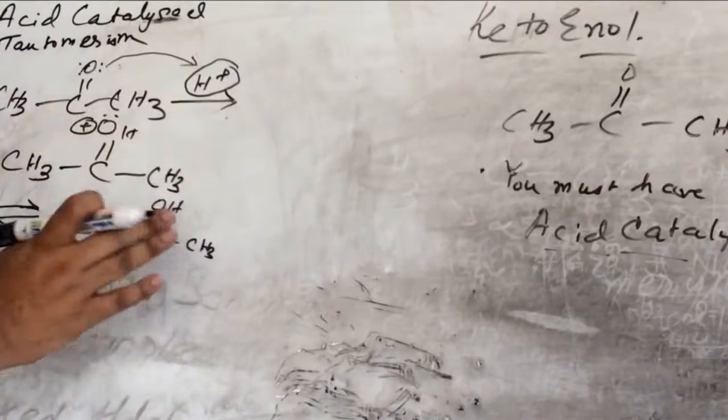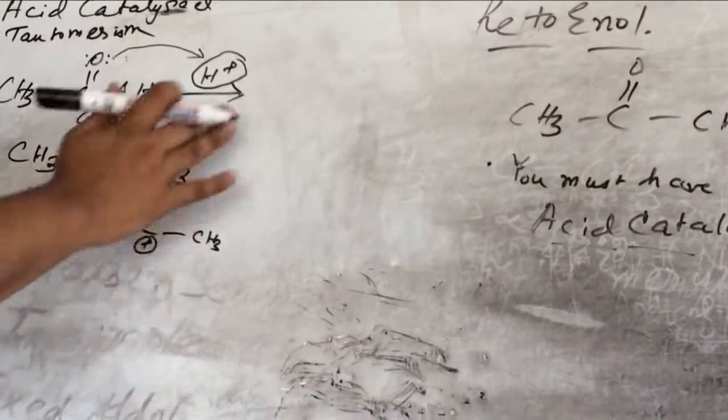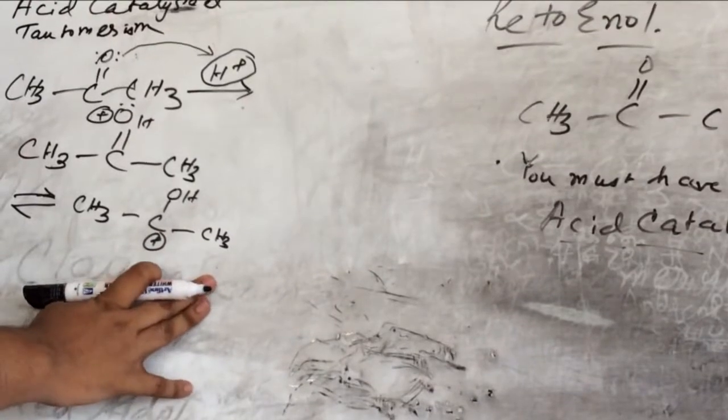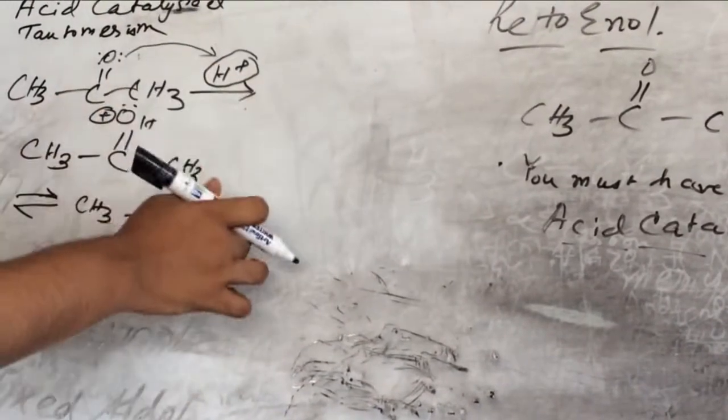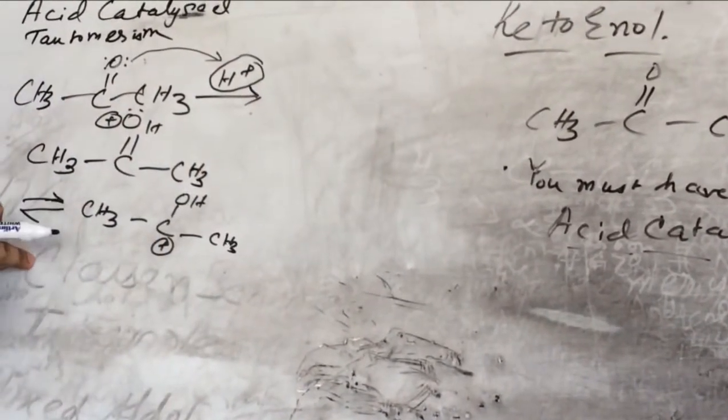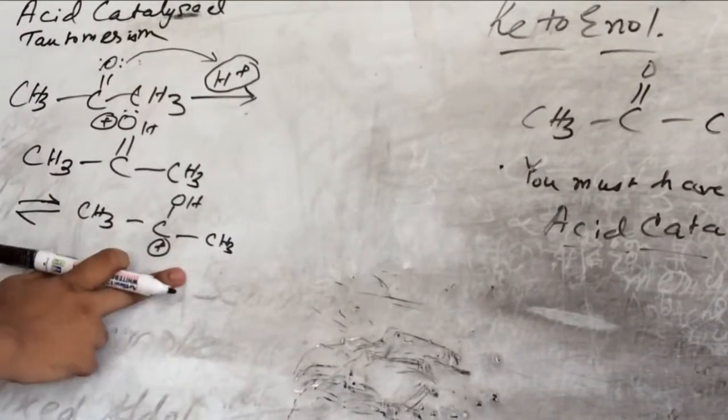So higher will be the stability of this carbocation, higher will be the rate of the reaction. So this step from this one to this one depends upon the stability of this carbocation.